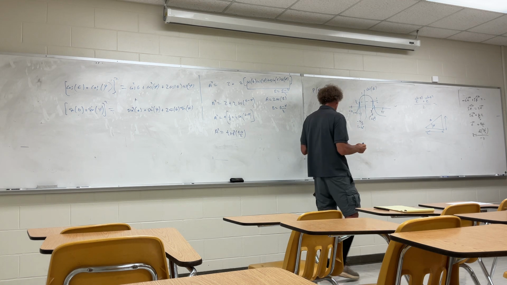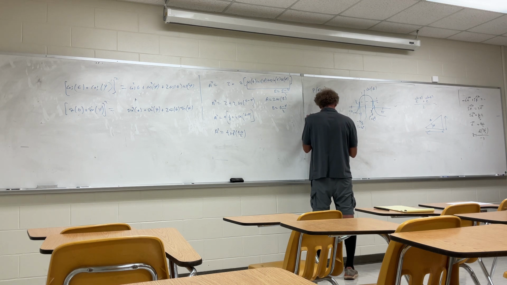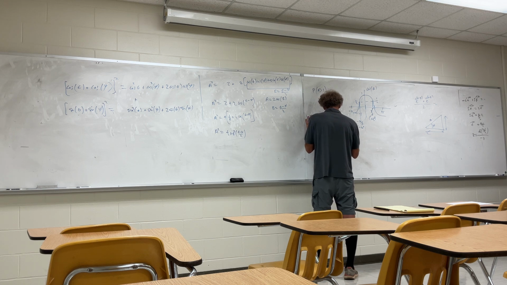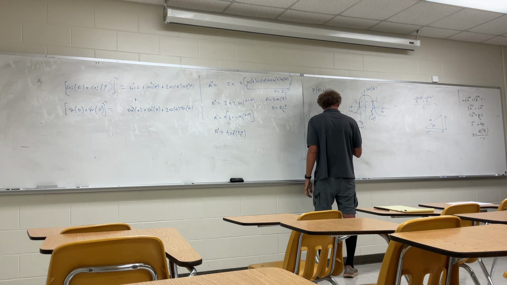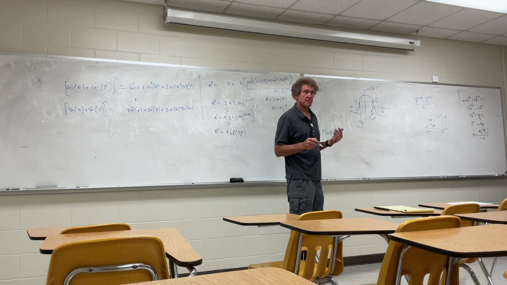So really what I need is the probability of B being between, or 2 times the probability of B being greater than 0, less than 60 degrees, or pi over 3 radians. That's what I really need.